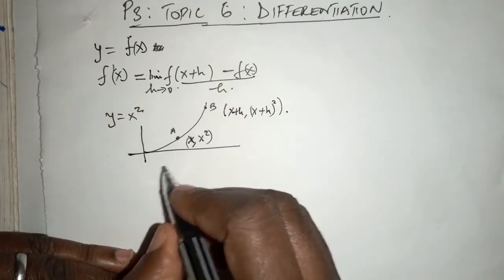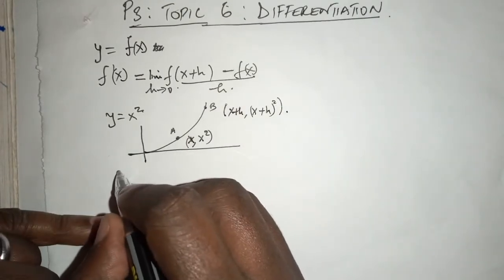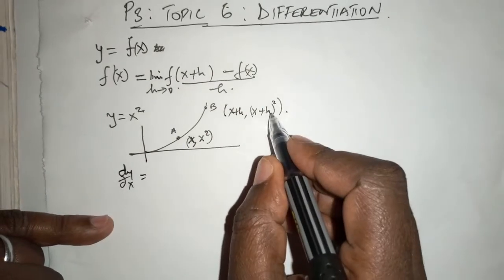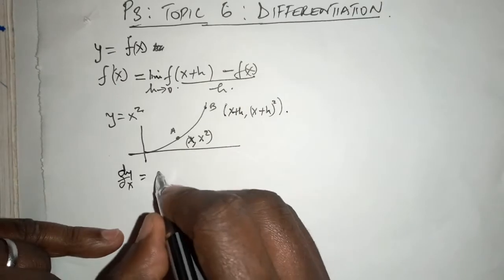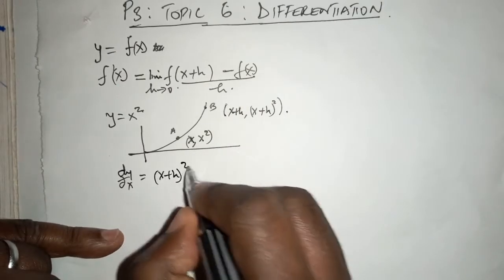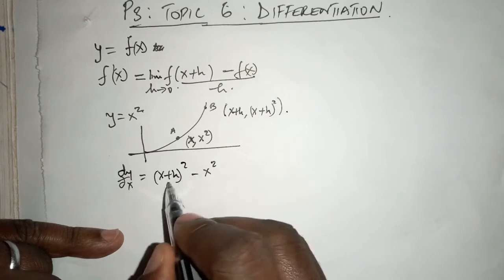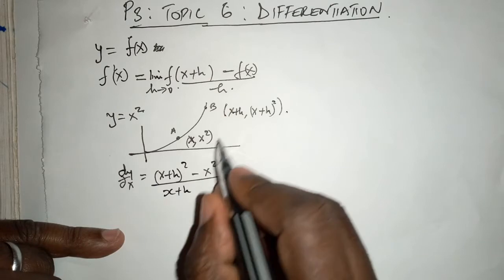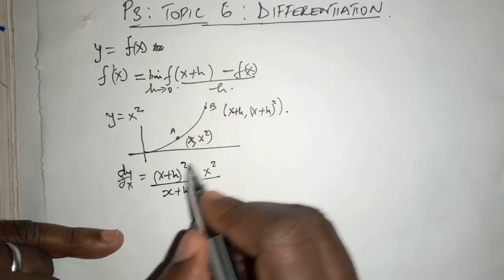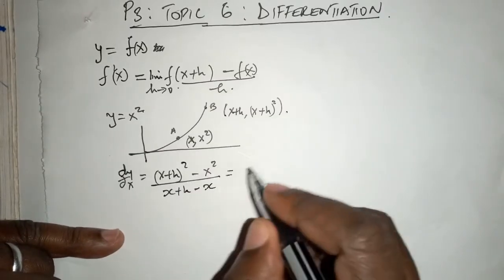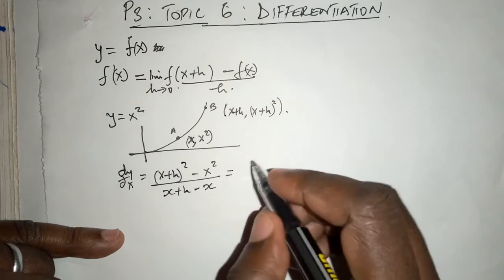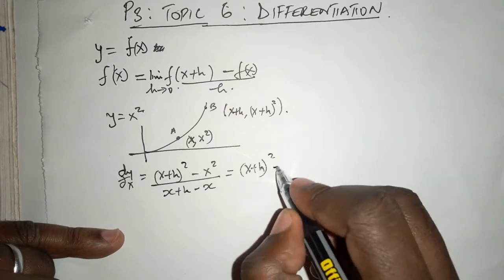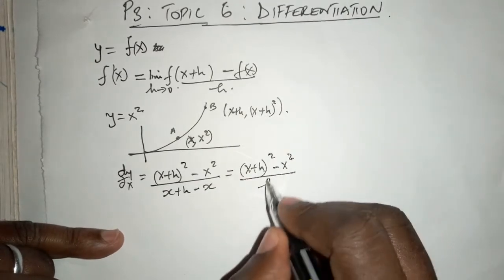And if we want to get the gradient, dy/dx is y2 minus y1, which is (x plus h) squared minus x squared, everything over x2 minus x1, which is x plus h minus x. This ultimately gives us (x plus h) squared minus x squared, all over h.